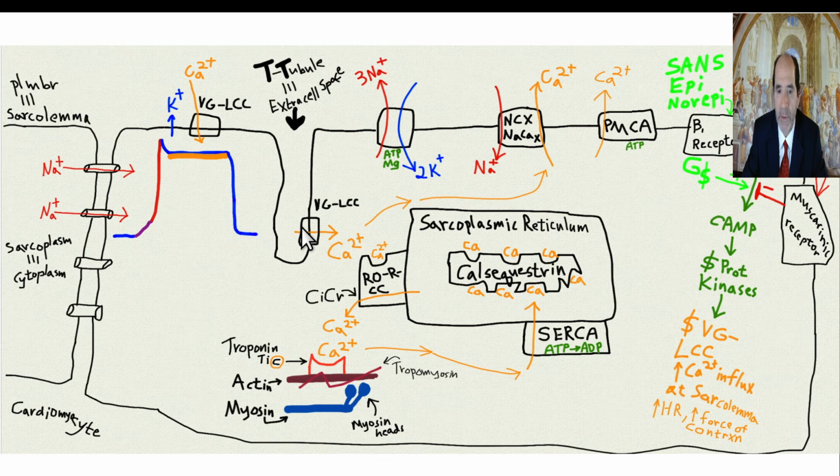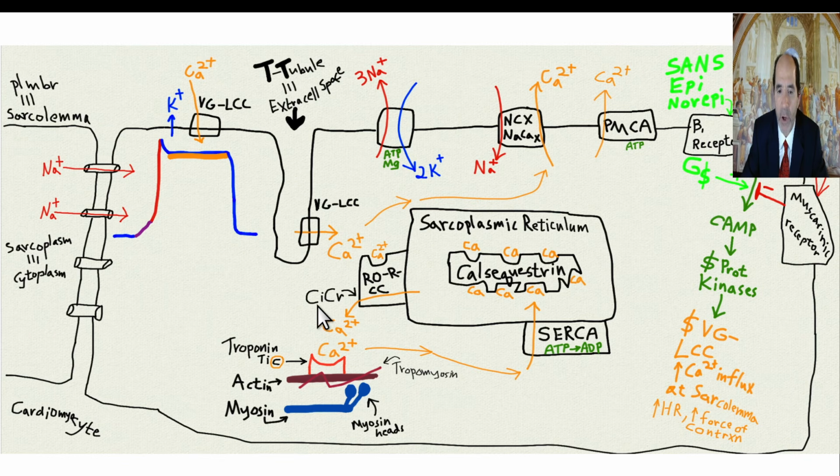So the calcium that came in from the extracellular space through the voltage-gated L-type, long-acting calcium channels will bind to the ryanodine receptor calcium channel. Ryan and Odine, almost like two Irish names. Then this will cause the sarcoplasmic reticulum to release calcium into the sarcoplasm.